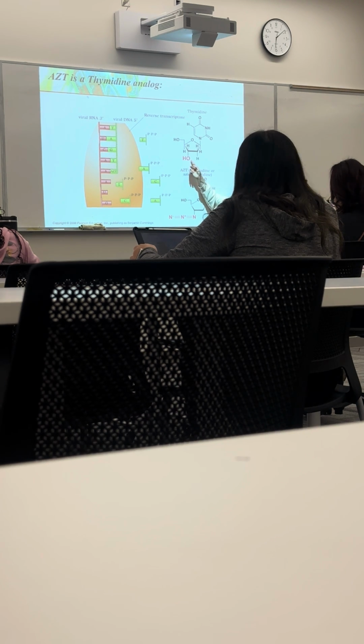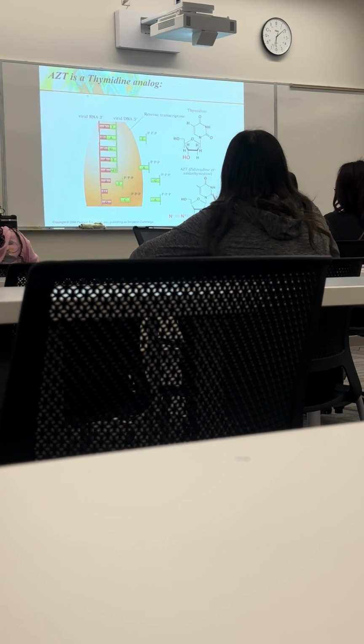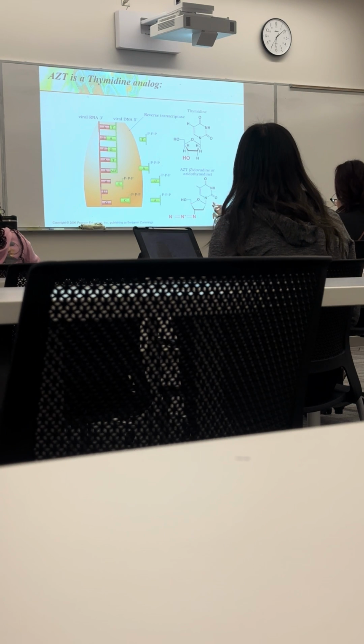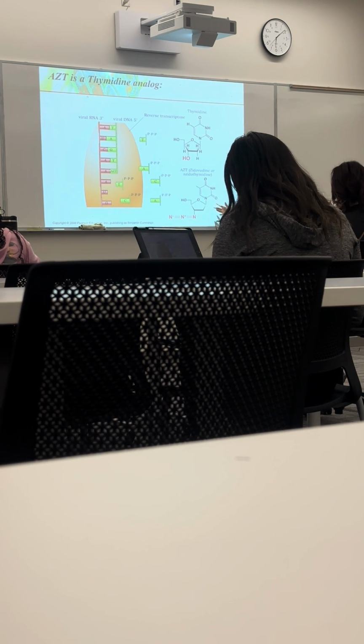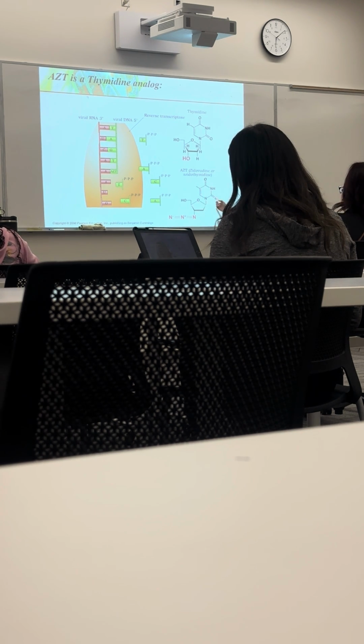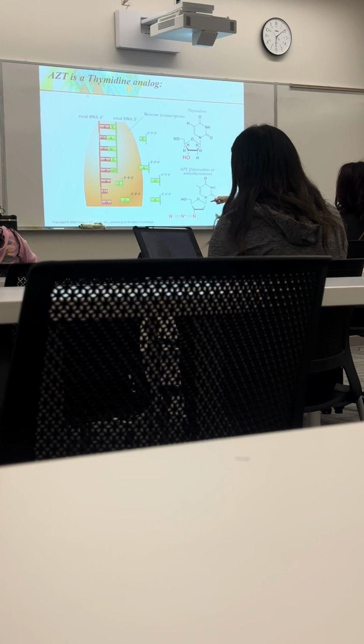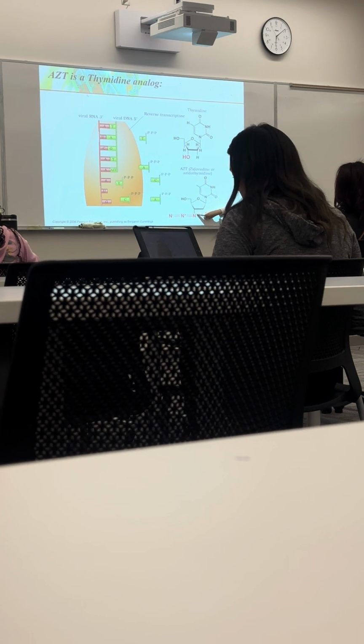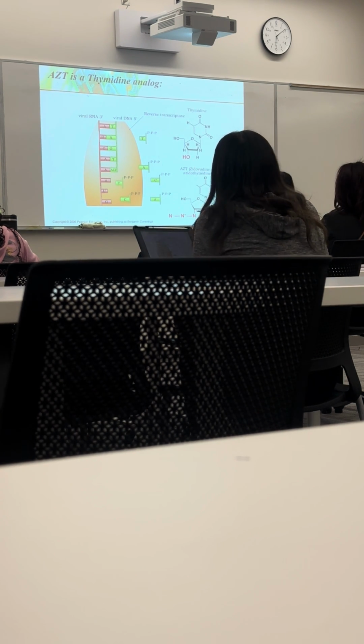Here, looks like thymine. Is this thymine though? No. This is AZT. I'll call it AZT. AZT looks like this, but what's the difference? Yup, no hydroxyl group. Instead you have this.